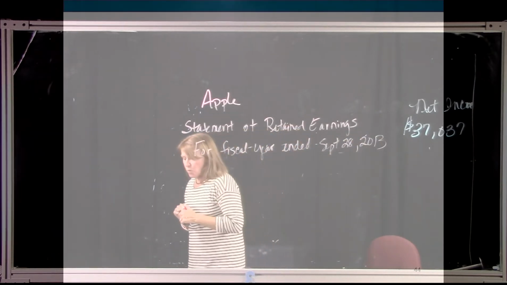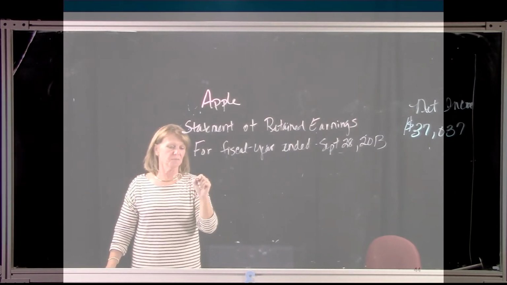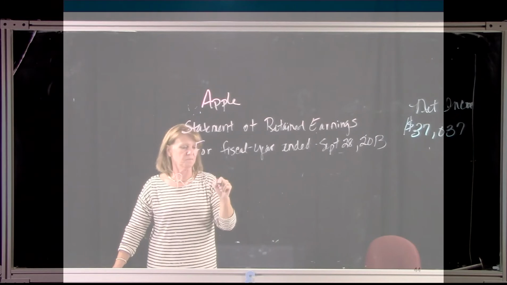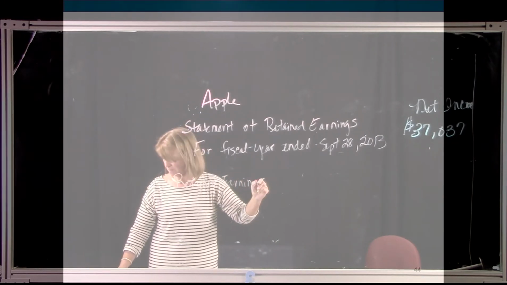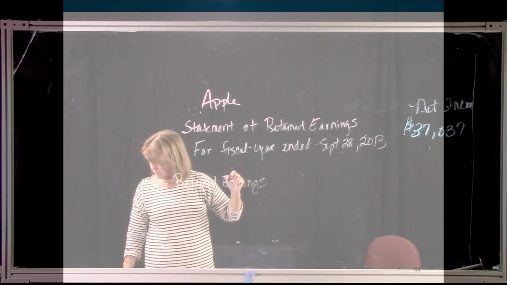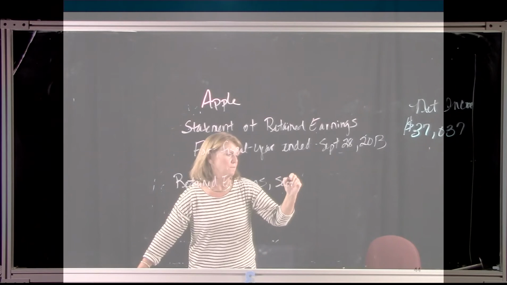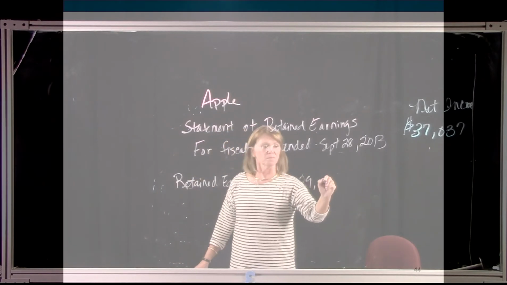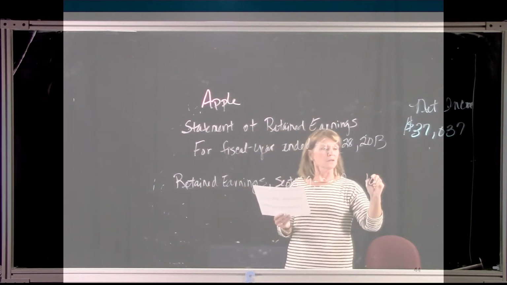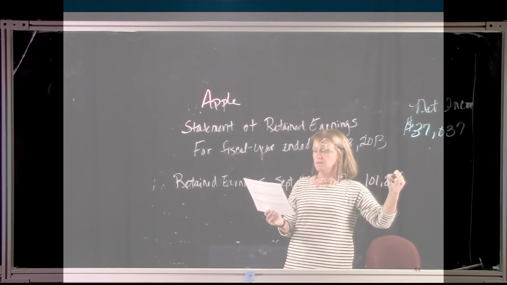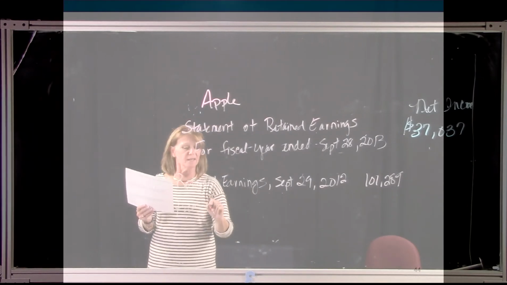And in here, we know that it tells us our retained earnings as of September 29th, 2012, was 101, plus net income. Oh, remember where that number came from?